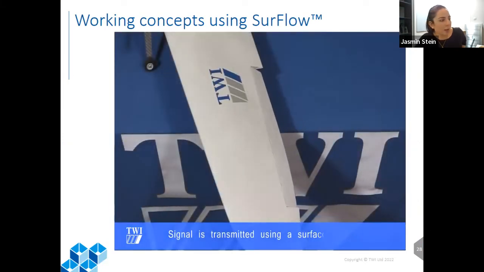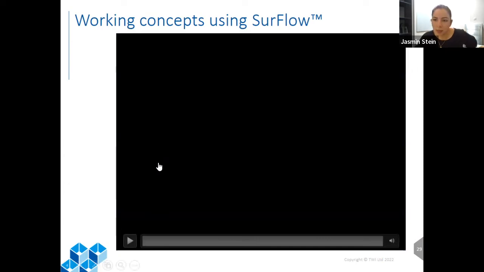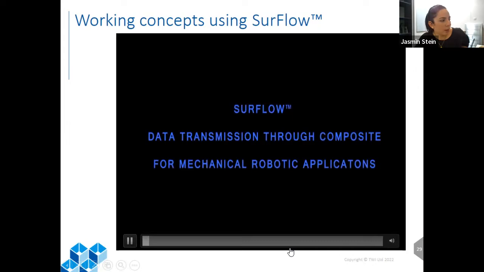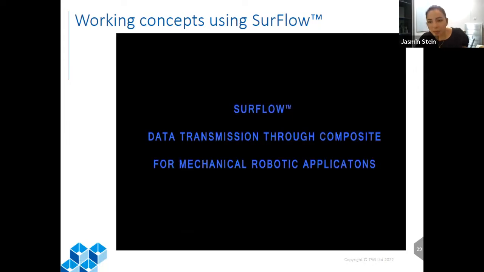The way I usually like to describe this is that it's very similar to Wi-Fi. You can do everything you do in Wi-Fi. The difference is the signal is transmitted through the material rather than through air. The last demonstrator is for robotic applications, but it could be in car manufacturing.